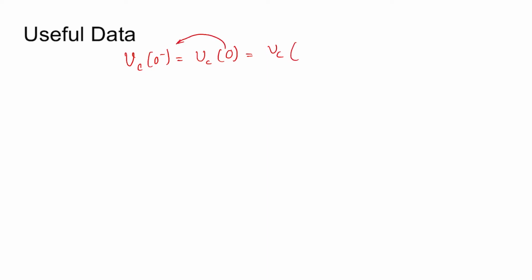So the voltage just before the initial condition, just after it, and at t equal to 0 are all the same. So Vc cannot change instantaneously.